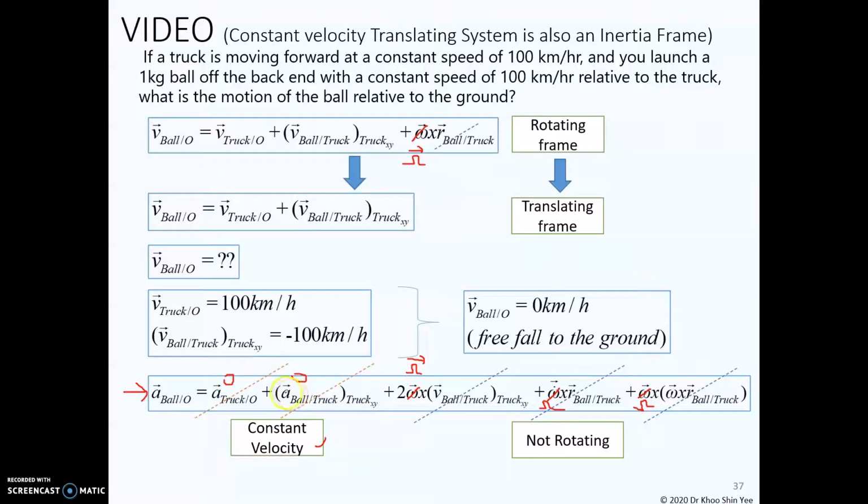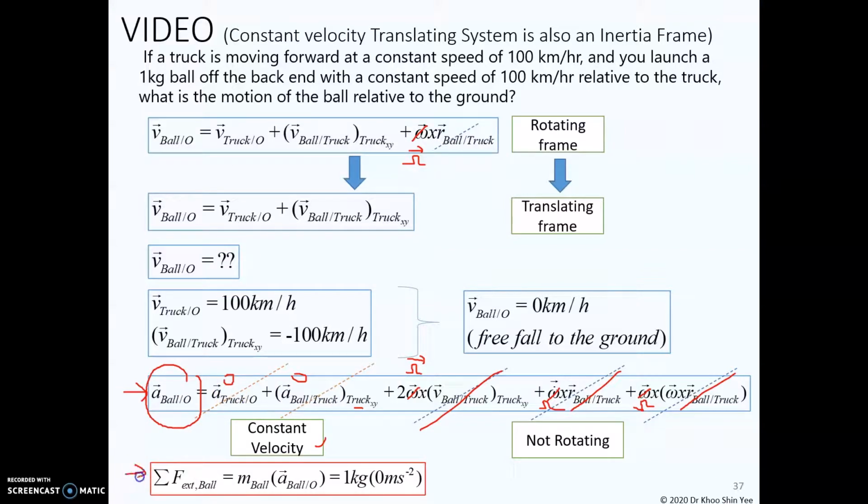Since you measure the acceleration of the ball with respect to the truck and the truck is a translating frame, you don't have a rotating element here, so these three terms can be cancelled. Therefore, the acceleration of the ball is equal to 0 here.